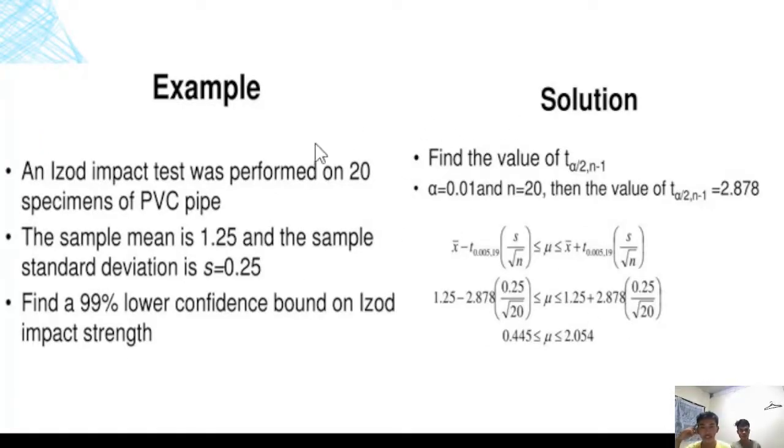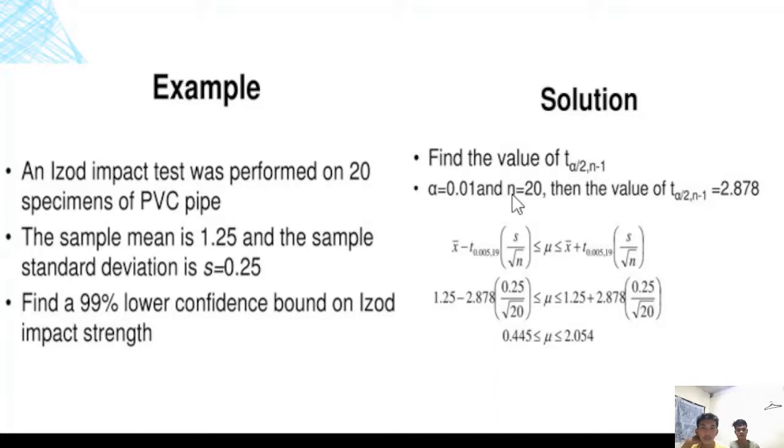Now, dito na tayo sa example ng t distribution. Example: an IZOD impact test was performed on 20 specimens of PVC pipe. The sample mean is 1.25 and the sample standard deviation is s equal to 0.25. Find a 99% lower confidence bound on IZOD impact strength.